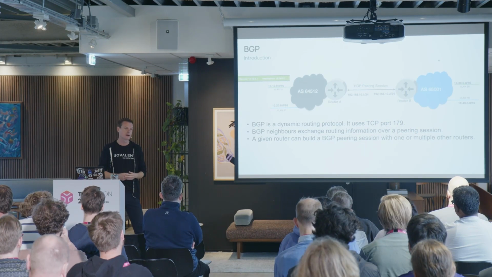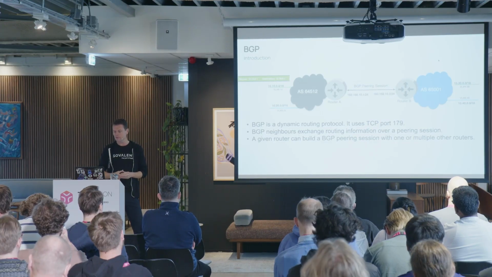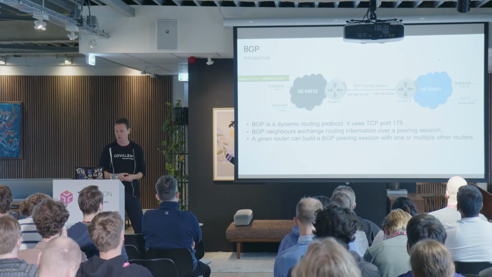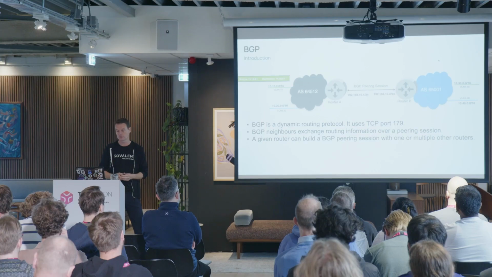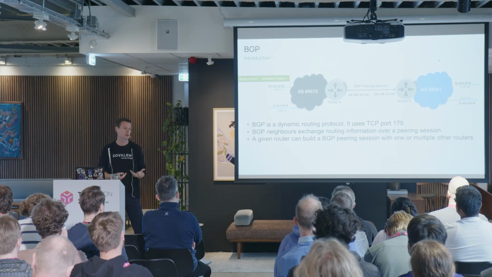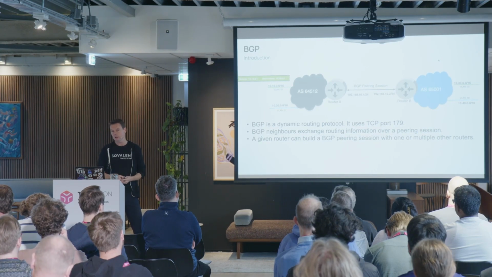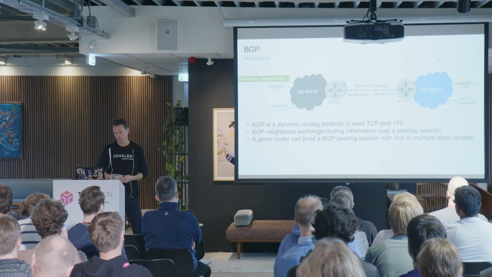So you exchange routing information. A given router can build a BGP peering session with one or multiple routers. And Cilium supports BGP as such and can be a BGP speaker towards external routers as well.